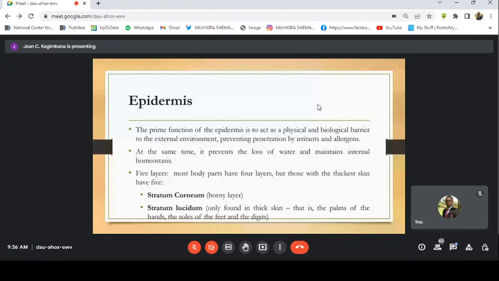Now, stratum lucidum is only found in thick skin, like in the palm and sole.